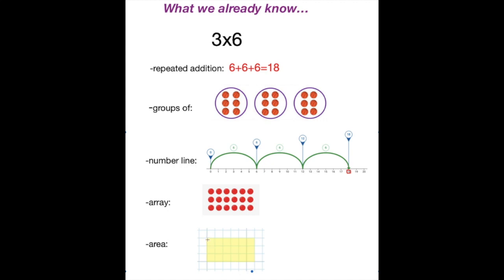So we have a rectangle here, and if we're doing length and width, it would have a length of 6 units, a width of 3 units, and we can just simply use multiplication. 6 times 3 would be 18, or 3 times 6 would be 18. We don't have to count every single square in that rectangle to know that the area is 18. So it saves us a little bit of time using multiplication. Multiplication is just a quick way of doing addition. It's more efficient and it saves us time.